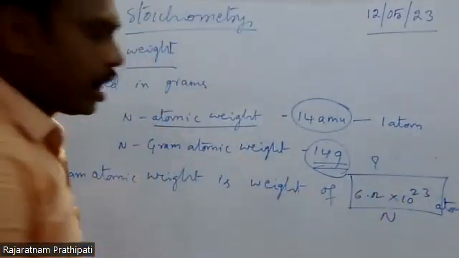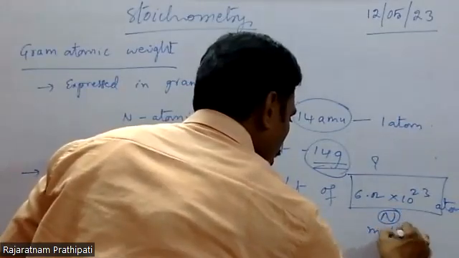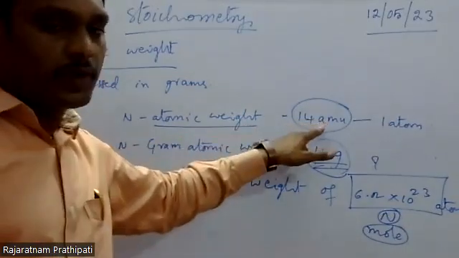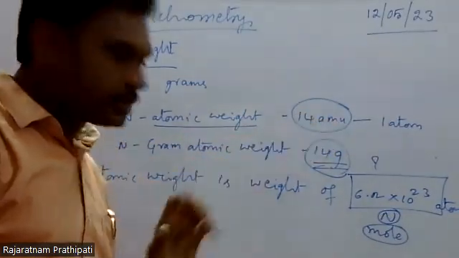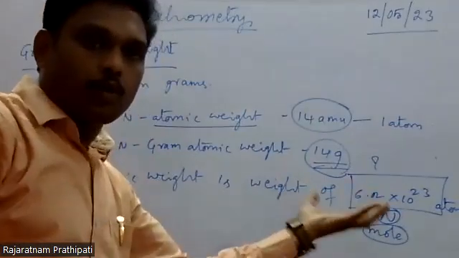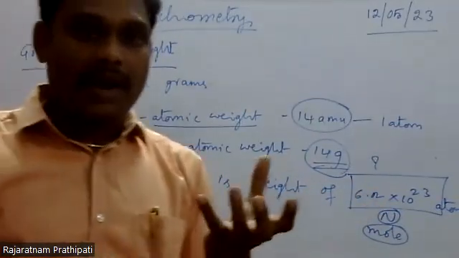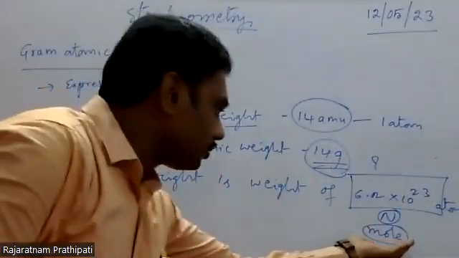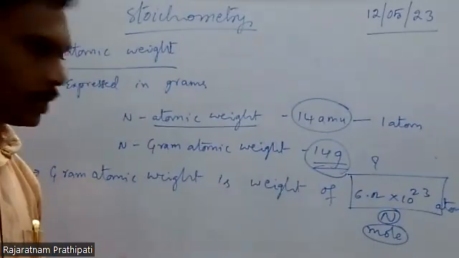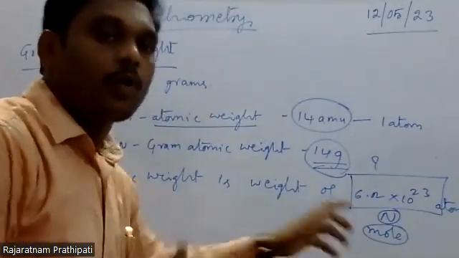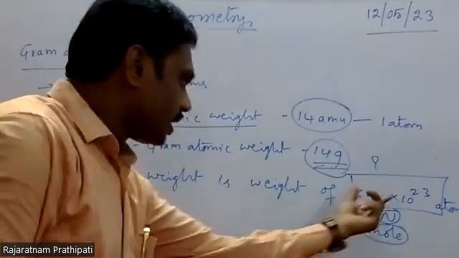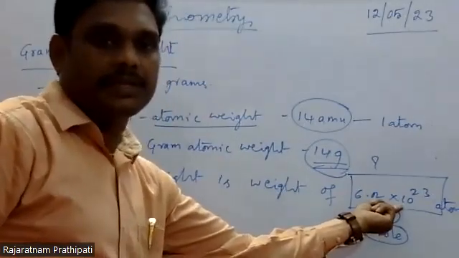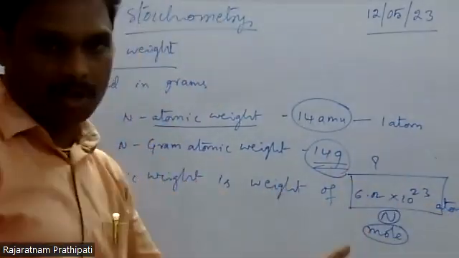This is nothing but the Avogadro number, or it is also considered as a mole, just like a simple unit number. Here AMU is the atomic mass unit. Similarly, mole is one unit, just like 1 dozen bananas. A dozen is one unit, one quantity. Similarly, 1 mole is one quantity. Mole represents an Avogadro number of entities, that may be atoms or molecules or ions.